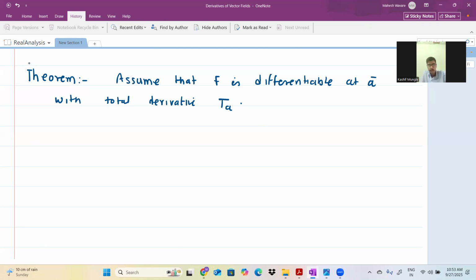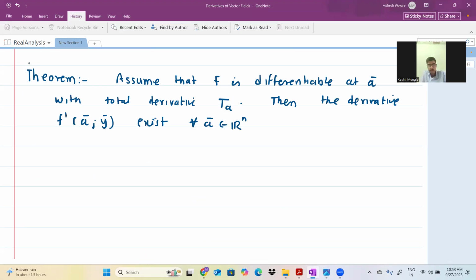Then the derivative which we have defined, what derivative? F dash at A bar in the direction Y bar. The derivative which we have defined must exist for each and every vector of Rn.